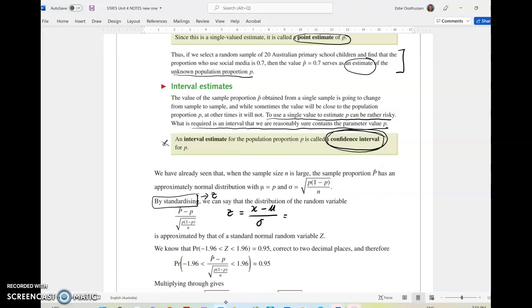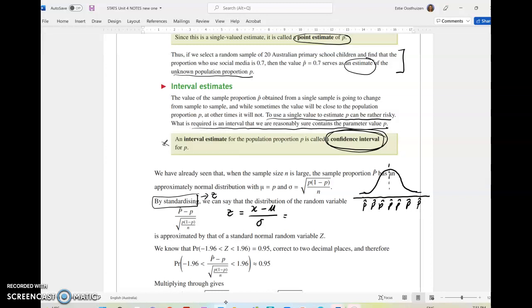So our x, remember, is our sample proportion. So always remember this little diagram that we looked at. If we get a lot of samples and the size of the sample is quite large, and we plot all of these sample proportions, remember what do we get? We say that it approximates a normal distribution.